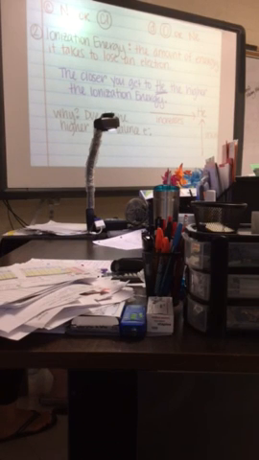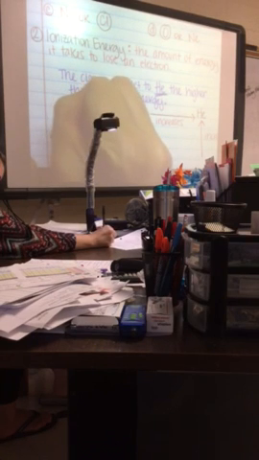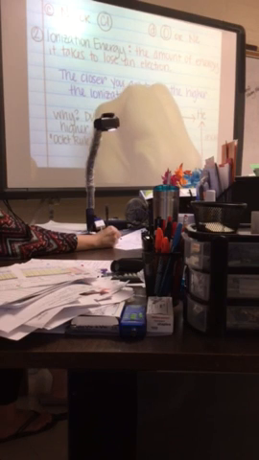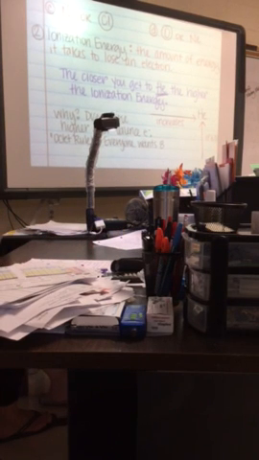Every element wants to have 8 to complete what we call the octet rule. Left to right, we're increasing to 8.